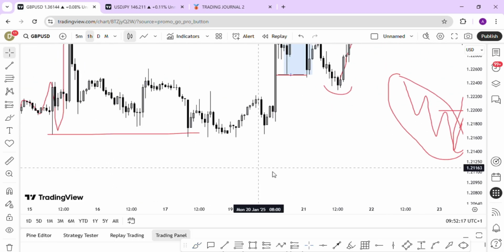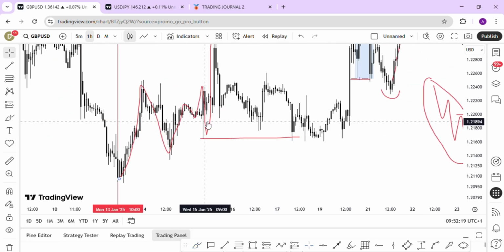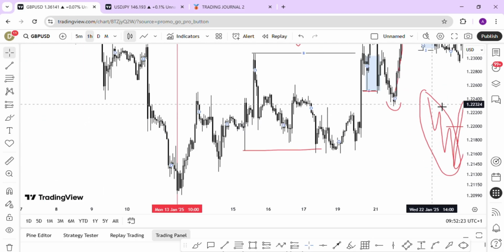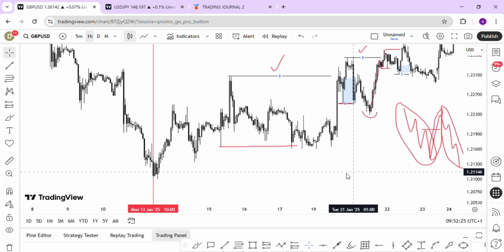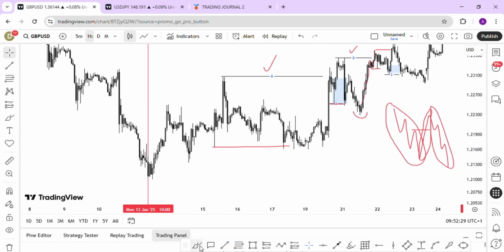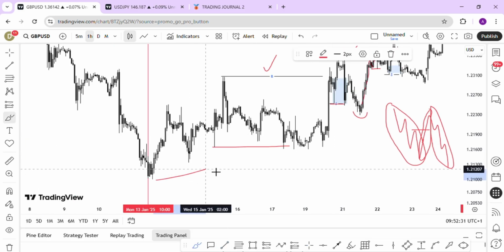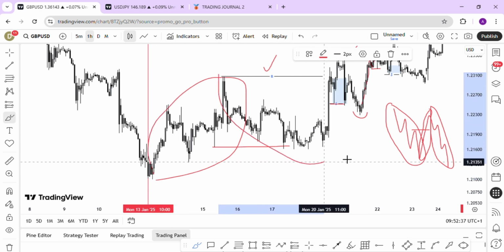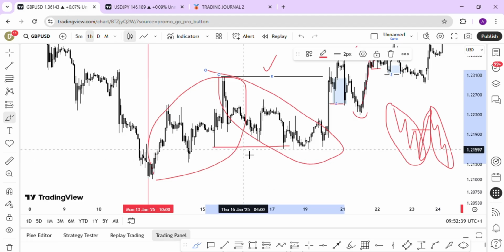So if I'm to make it clear on chart, this is what it looks like. This level is the impulse. Then this level is the correction that will come for the inducement.